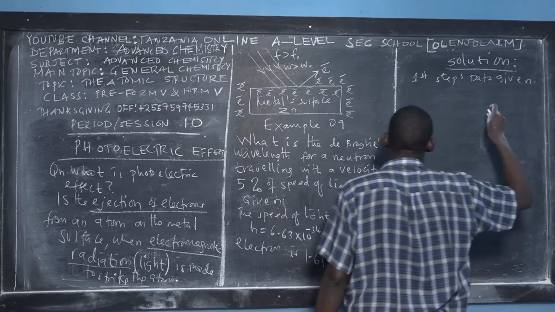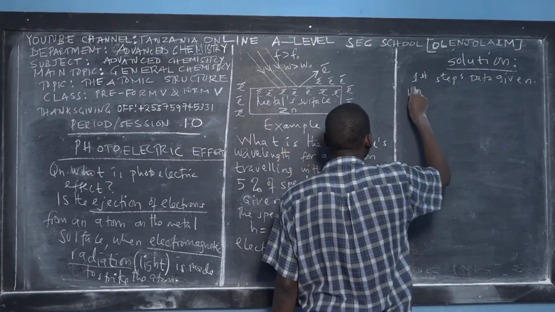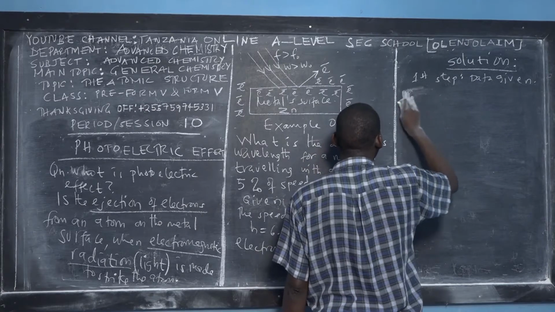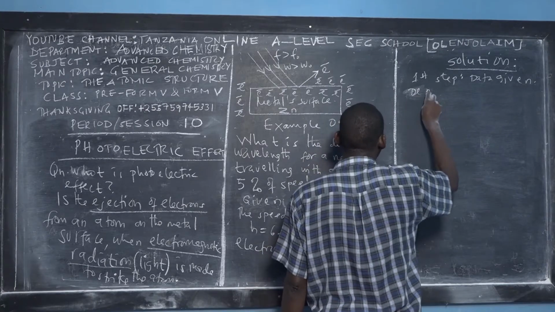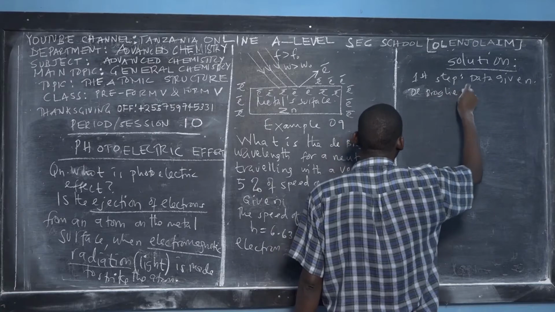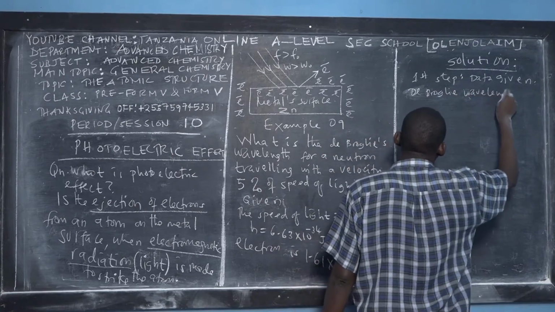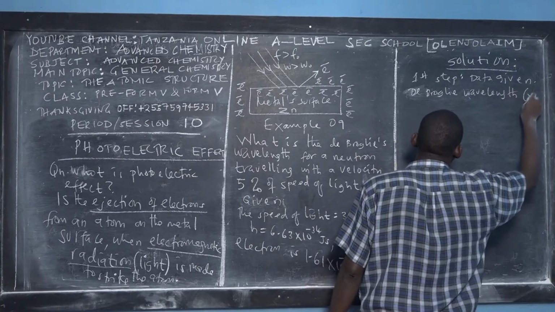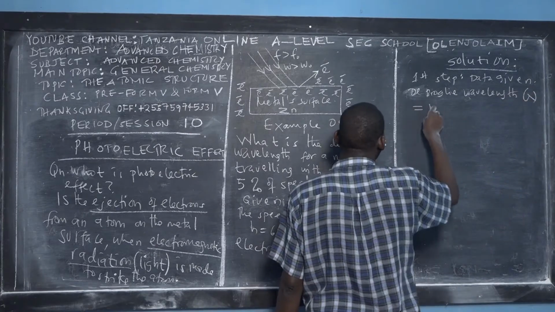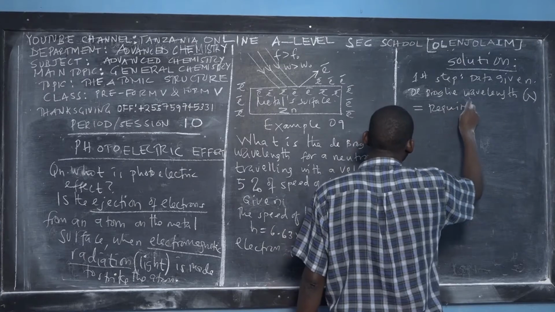We've been given all the required data. Number one, the question asks us for the de Broglie wavelength, in chemistry or physics, we have this notation. So this is what we have to find.